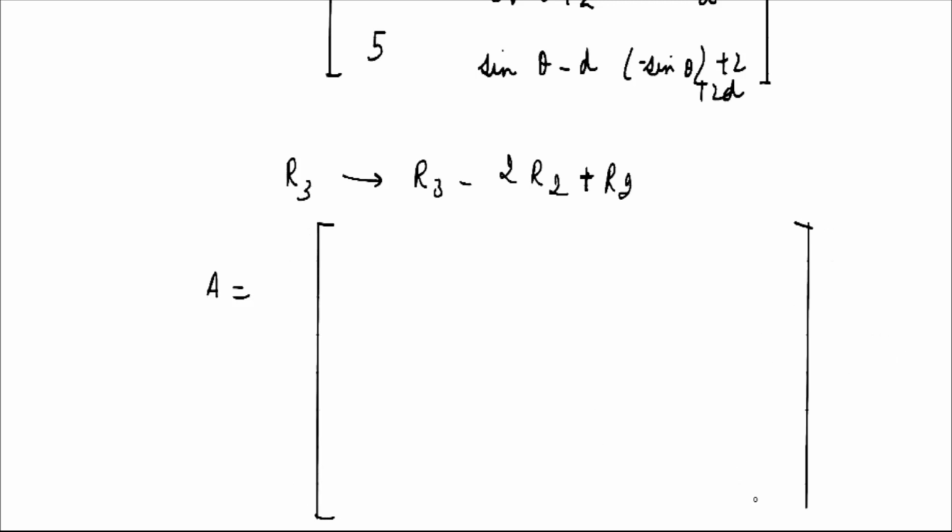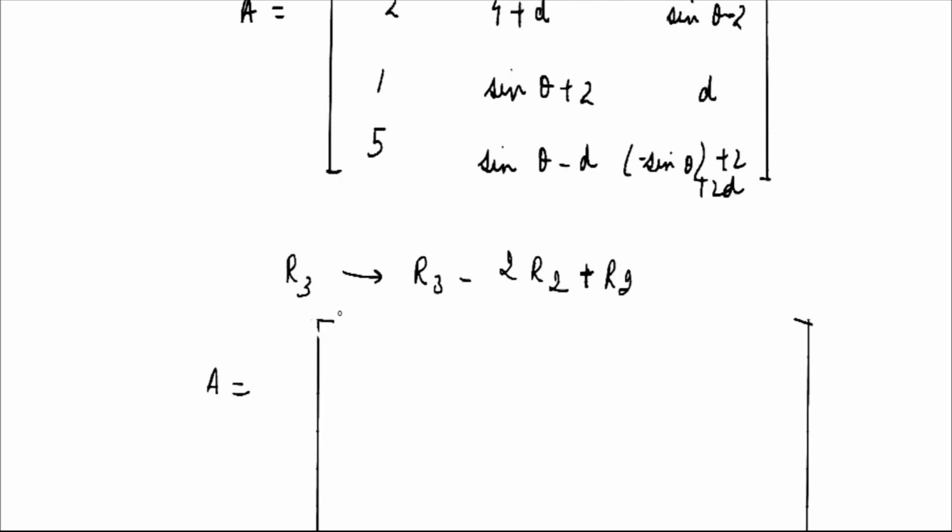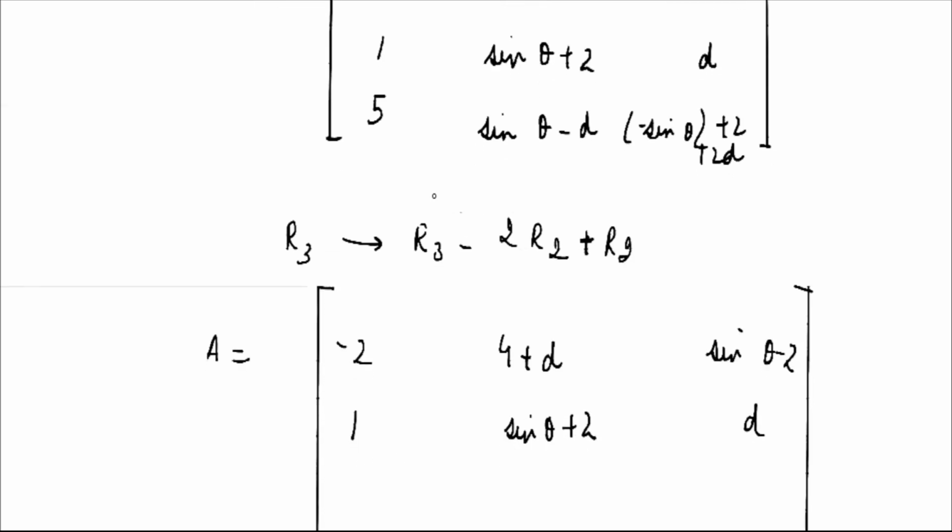That is 2, it is minus 2, 4 plus D, sine theta minus 2. Second is 1, sine theta plus 2 and D. And third is we have to apply the operation. Now it is R3, that is 5 minus 2 R2.